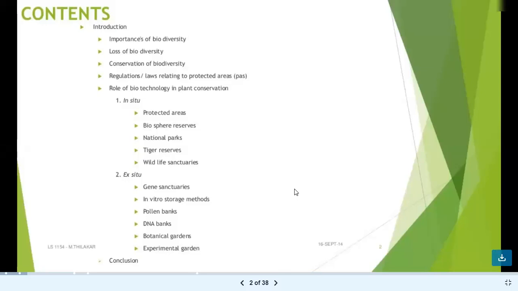This whole chapter is divided into the importance of biodiversity, loss of biodiversity, then conservation of biodiversity, regulations, role of biotechnology in plant conservation, first in situ, second ex situ conservation.